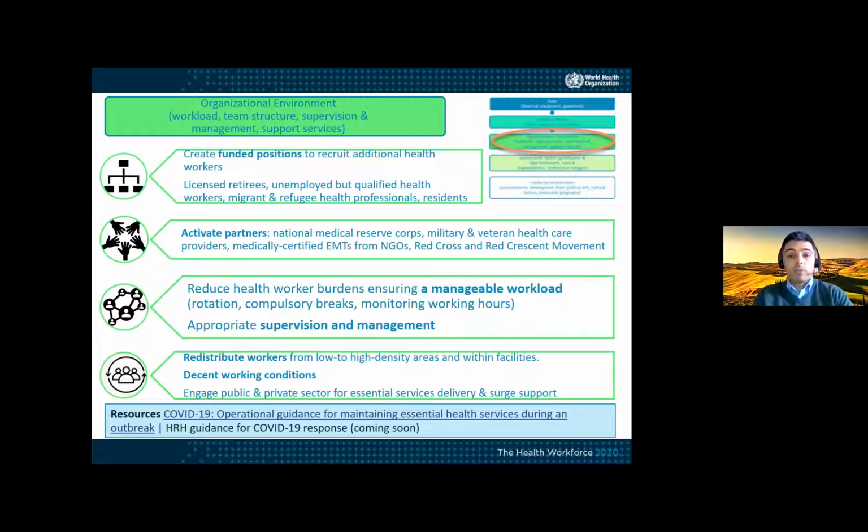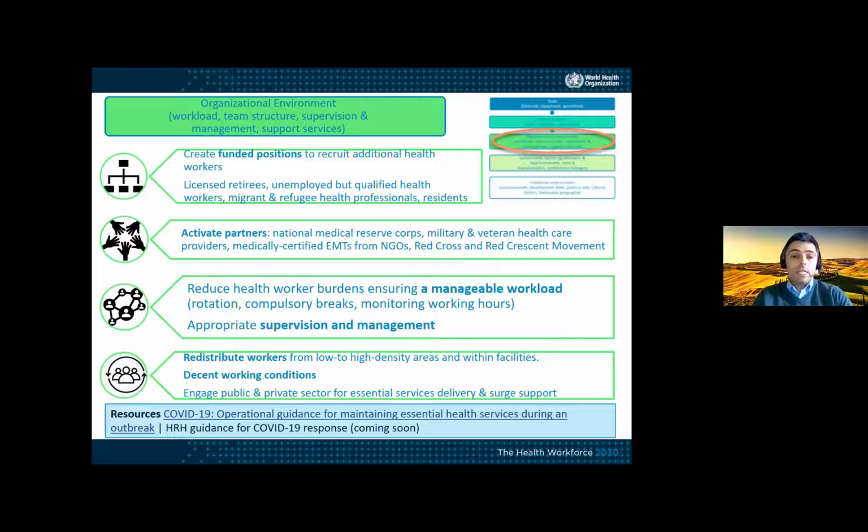And obviously partnering with a very wide set of stakeholders from the military to the private sector to faith-based and non-governmental organizations can be instrumental to greatly expanding this capacity. I already mentioned the importance of ensuring a manageable workload. This can be accomplished through a range of strategies beyond hiring additional health workers.